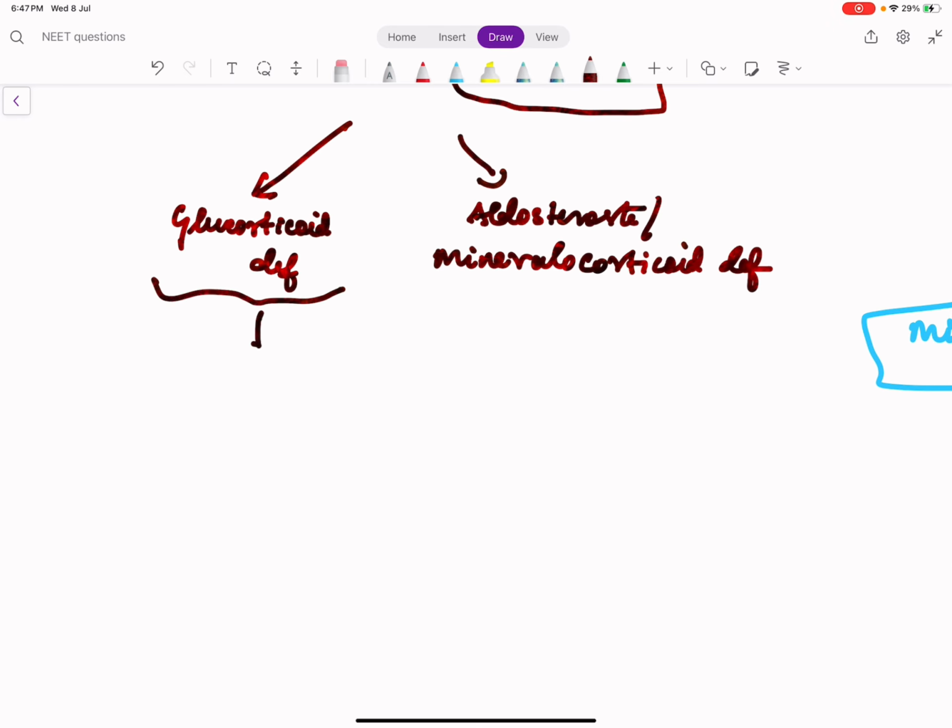Glucocorticoid or cortisol is basically the stress hormone. Okay, so the symptoms of glucocorticoid deficiency mainly are fatigue, mental changes, emotional lability.